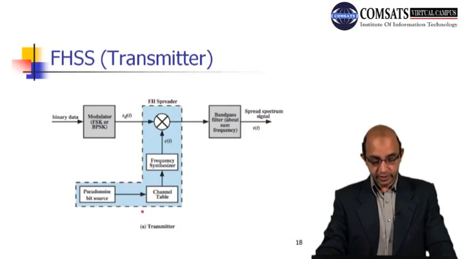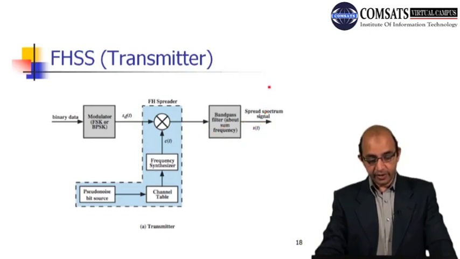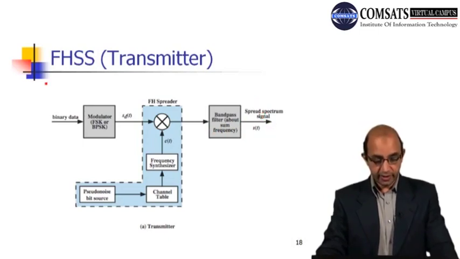In the spreader we have the multiplier, and here we have the pseudo noise bit source, channel table and frequency synthesizer. This modulated signal and the synthesizer output are multiplied, and this is the band pass filter, right? And we are having the spread spectrum signal over here. This is the transmitter design.